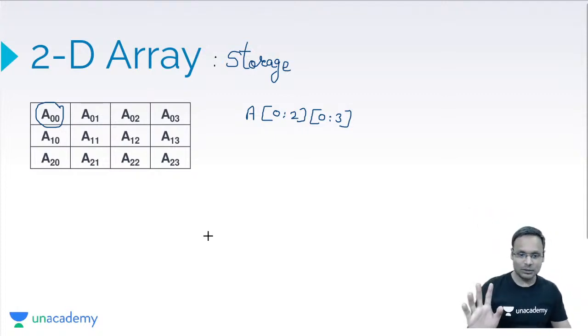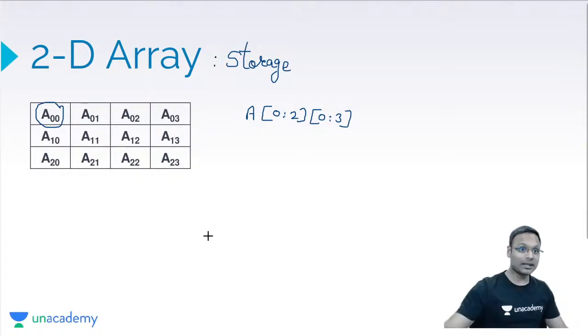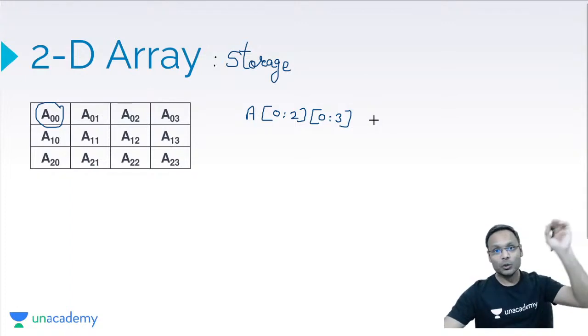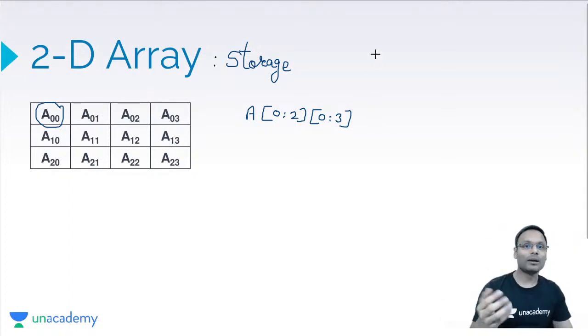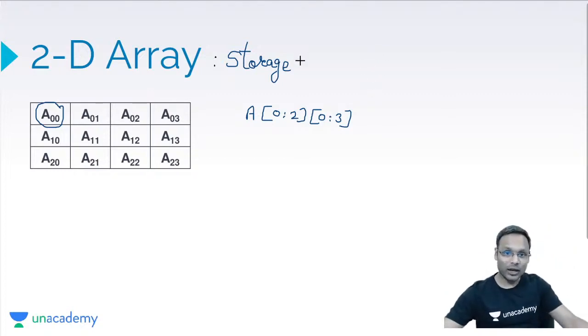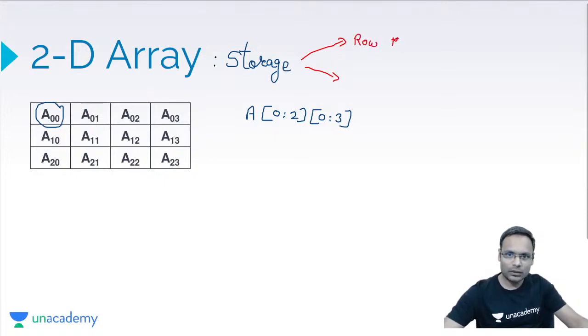Based on whether you first store a complete row or a complete column, you have two types of storage policies. Row major order and column major order.